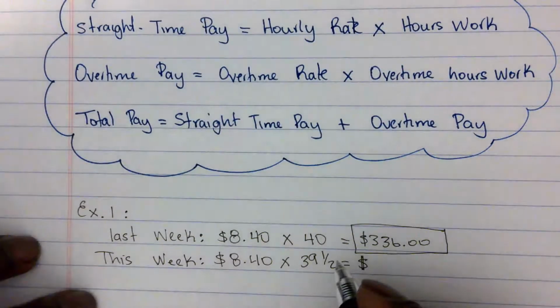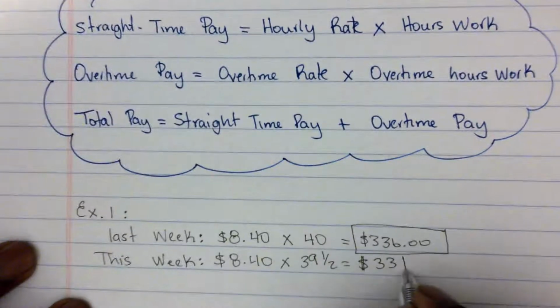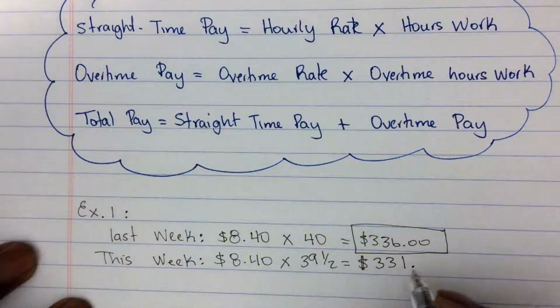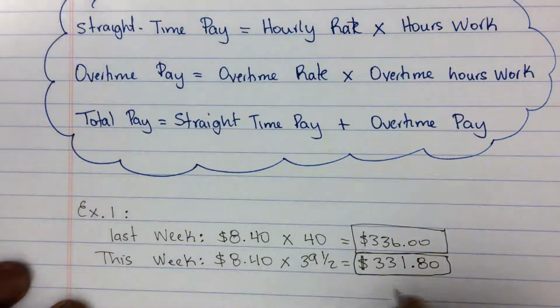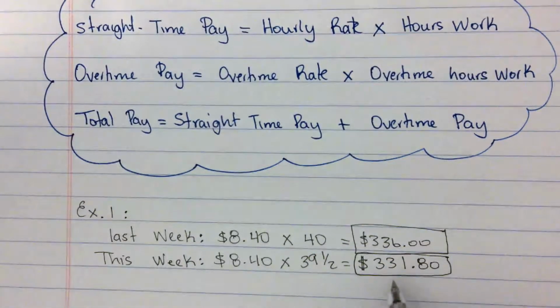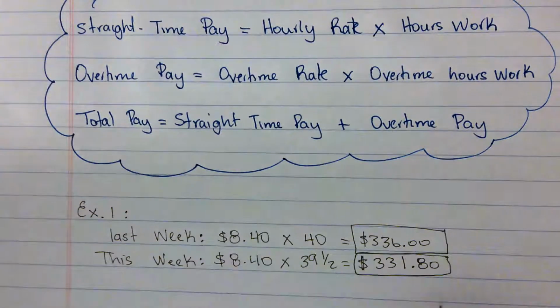When you put that in your calculator, you're going to get $331.80. So last week she earned $336, and this week she earned $331.80. That answers the first question on the slide.